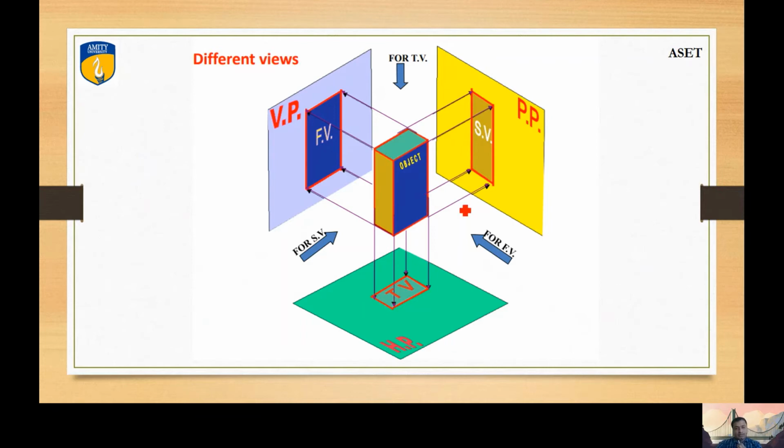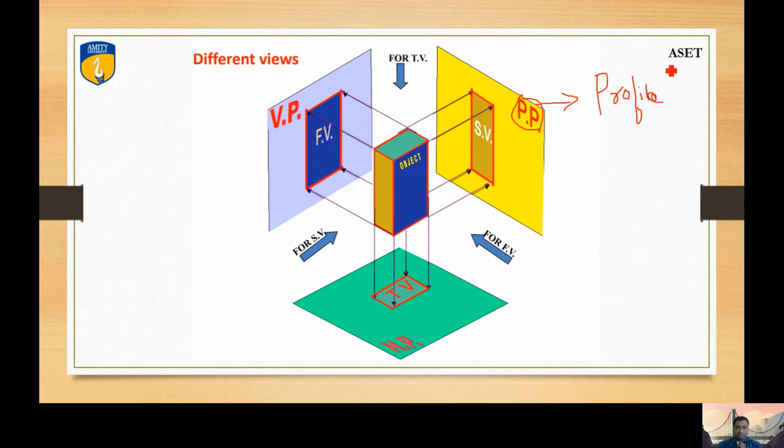Now the side view. For the side view we have to add one more plane, and that plane is referred to as PP. PP means profile plane. The side view is obtained on the profile plane.